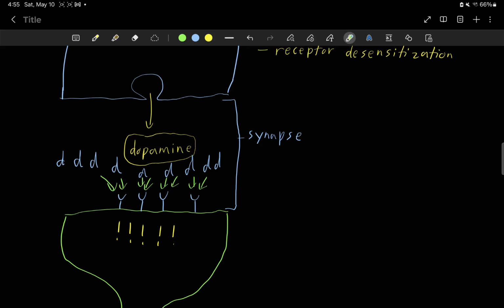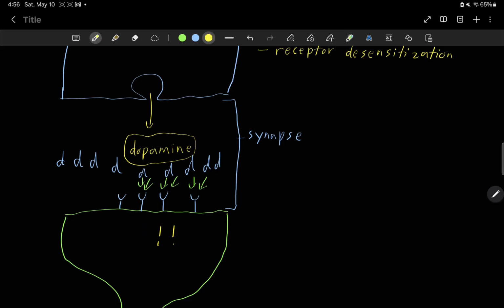So what receptor desensitization does is it basically inactivates these receptors. And by inactivating these receptors, it prevents dopamine from binding onto them. It doesn't completely prevent it, but it lowers the amount of dopamine that can bind onto receptors by taking away some of these receptors. Now you only have, let's say, 2 receptors instead of 4. So not as much dopamine can bind and not as much response can be produced.